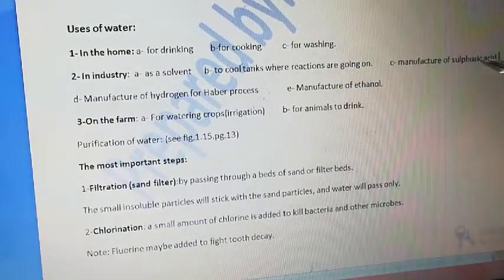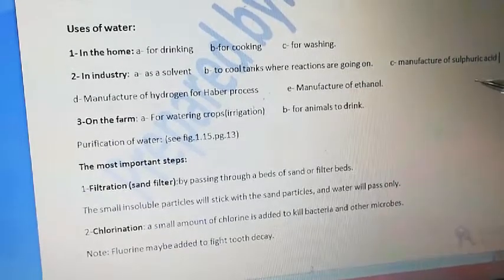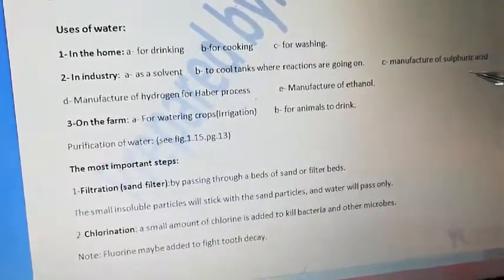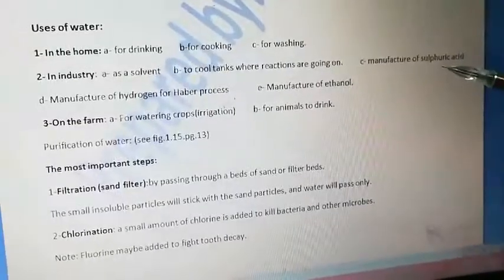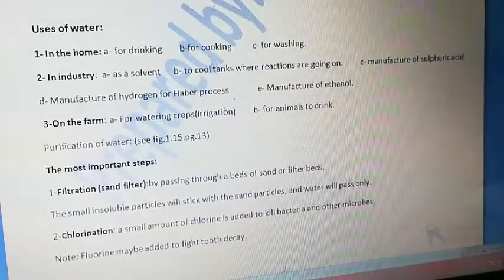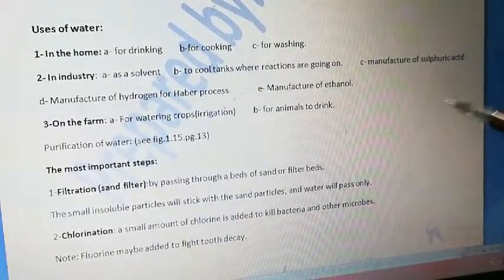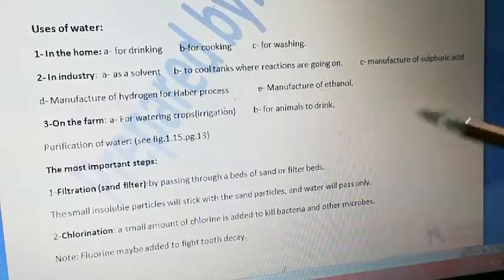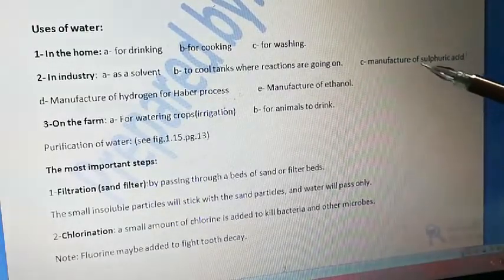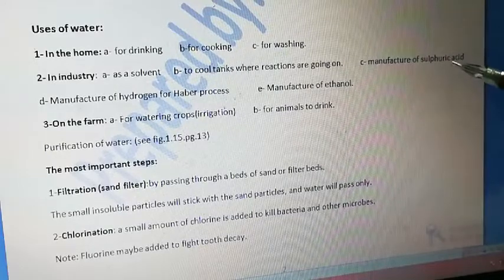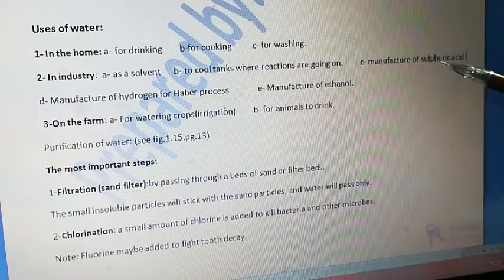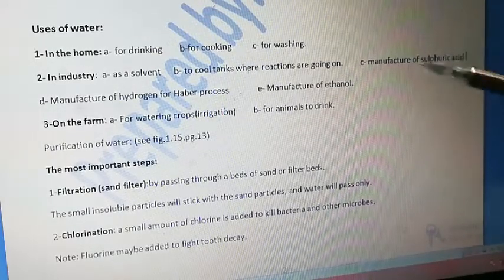Here, the manufacture of sulfuric acid, you will take this in more details in chapter 9. So right here, between brackets, chapter 9. So you will take the steps of manufacturing sulfuric acid and where we can add water to this process in chapter 9.